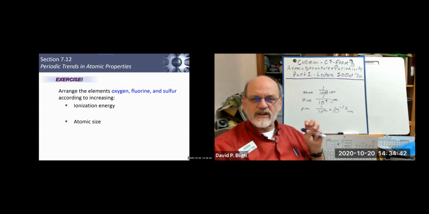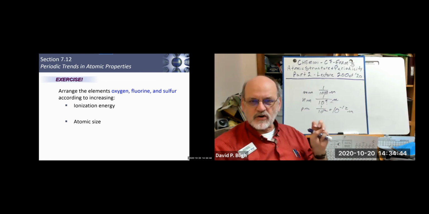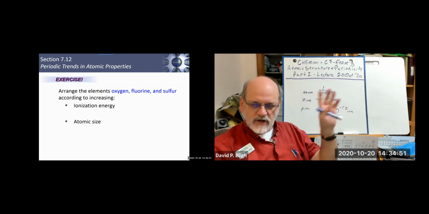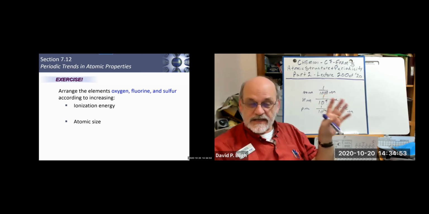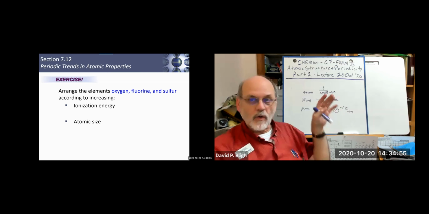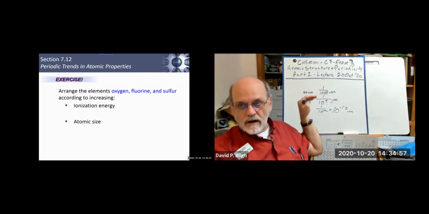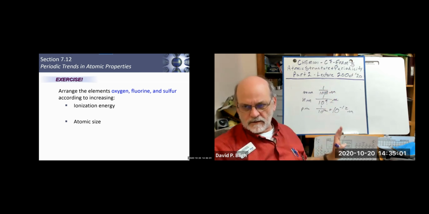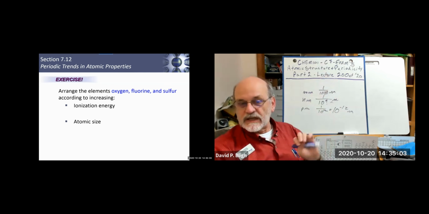Okay, let's see if we can arrange these elements in order of increasing ionization energy. Remember the trend: lower left to upper right is increasing ionization energy, or across a period left to right, or bottom to top would be increasing.